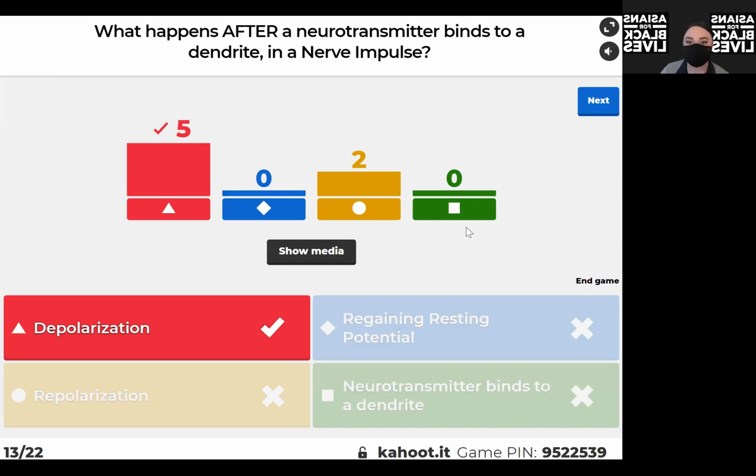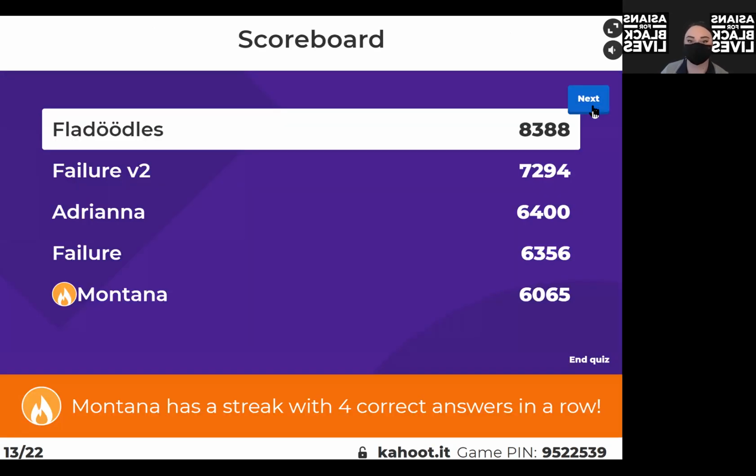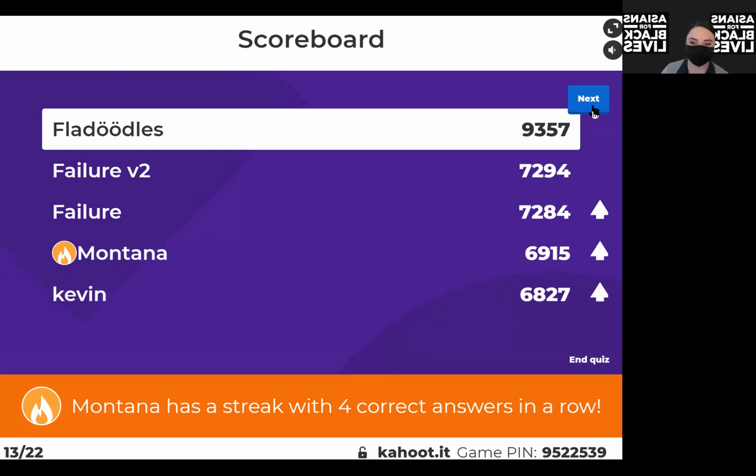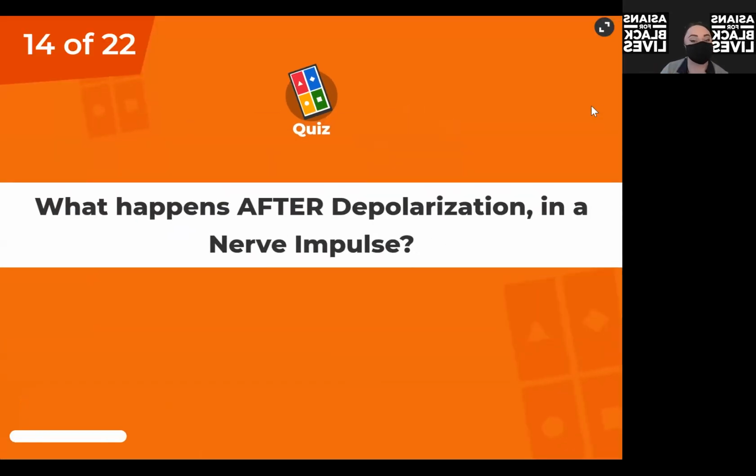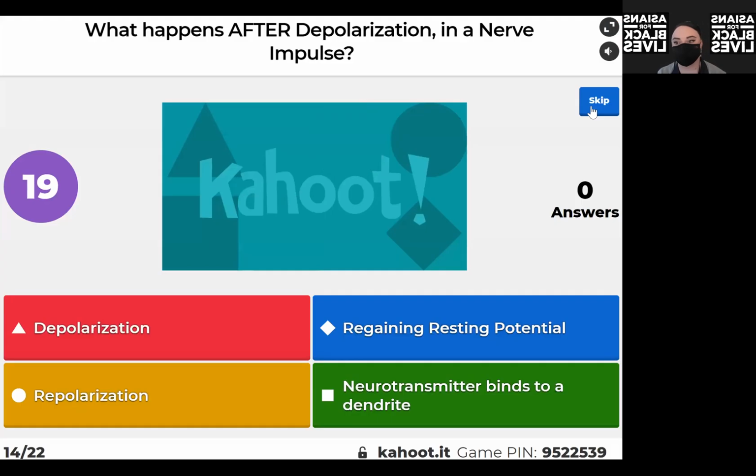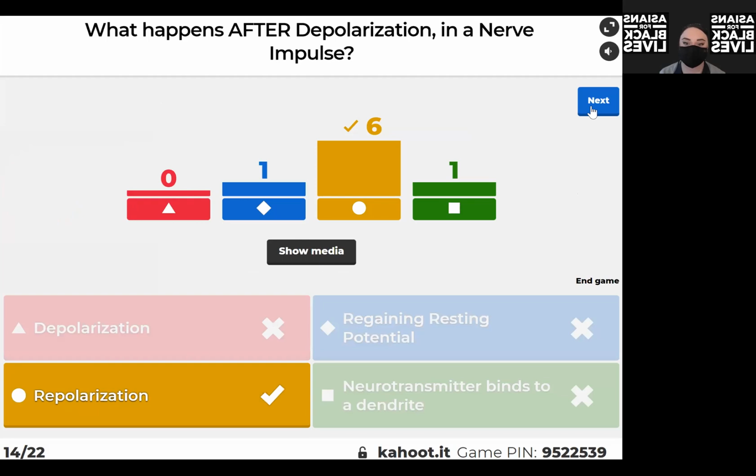Good. Depolarization happens first. And then what happens after depolarization? Repolarization. Good.